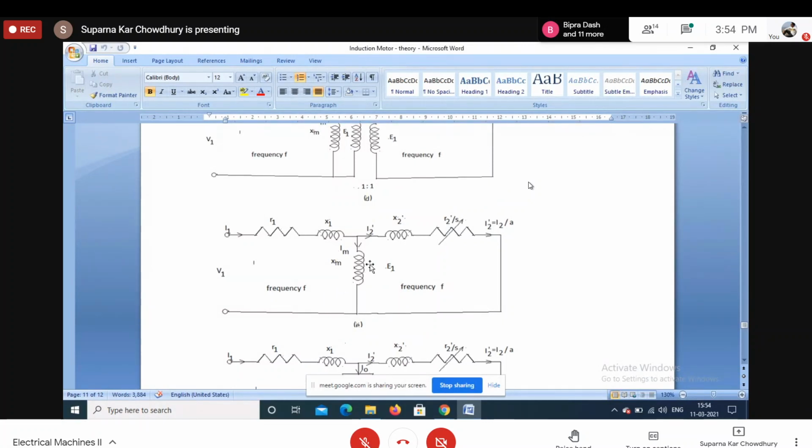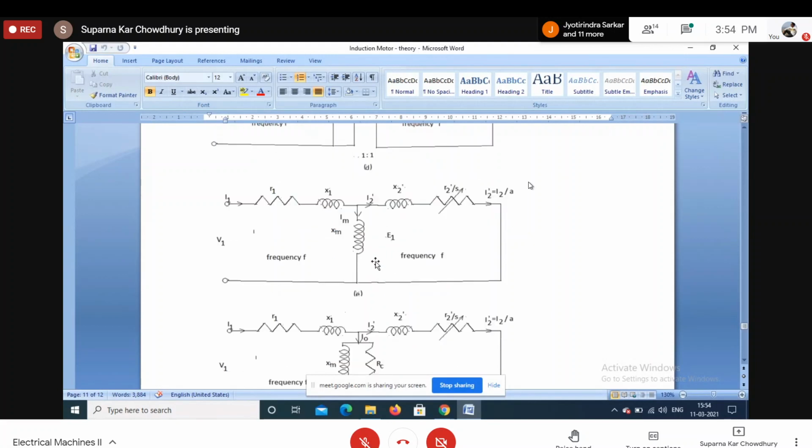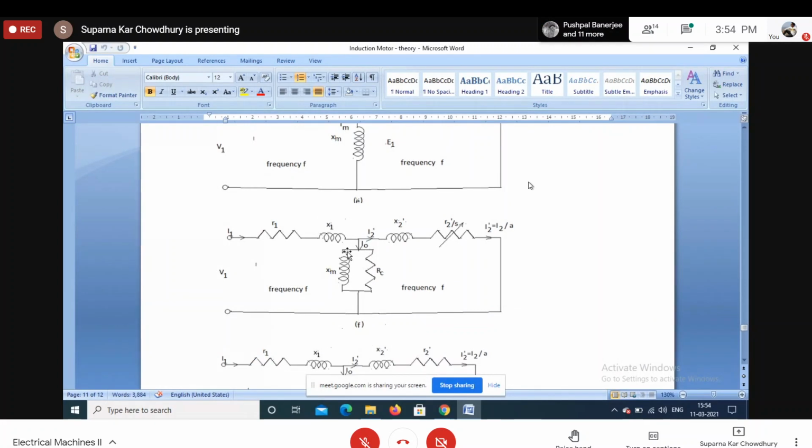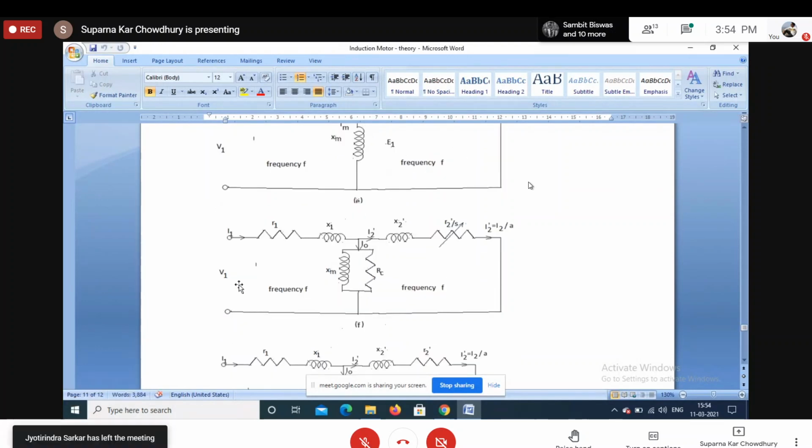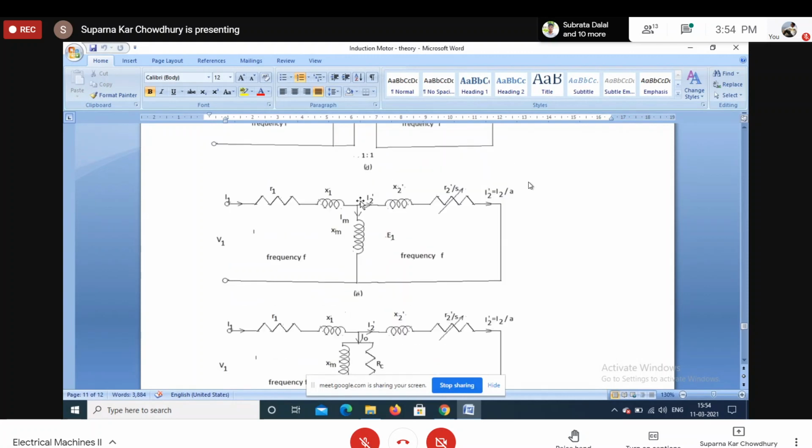Now here, however, we have not considered the core loss resistance, which will represent the core loss, because core loss is not reflected here. So for that we can add this resistance here. But in case of induction motor, normally if we keep the voltage and frequency constant, core loss is constant. So to make the calculation easier, normally we consider this circuit.